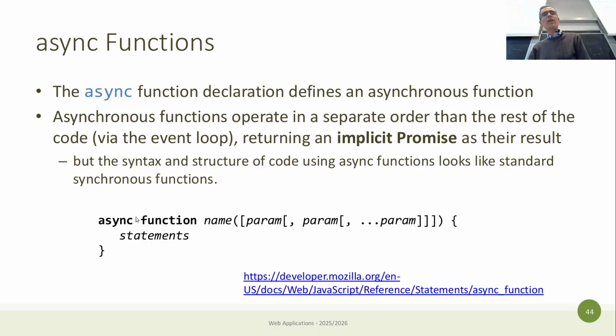If you prepend this async keyword, this will be the value of the fulfilled promise returned by this function. The nice thing is that the syntax looks like a standard synchronous function. You just write async before the declaration.